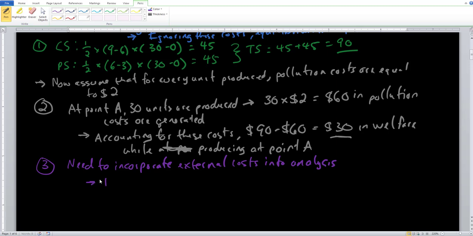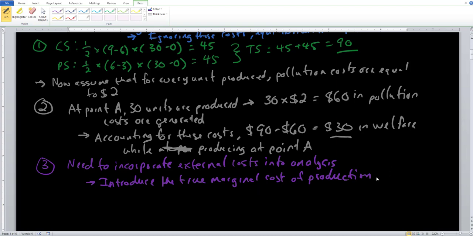So here we introduce the true marginal cost of production. And the true marginal cost is essentially the firms and corporations that are supplying this good. They're now going to feel the impacts of the pollution that they put on the third parties.